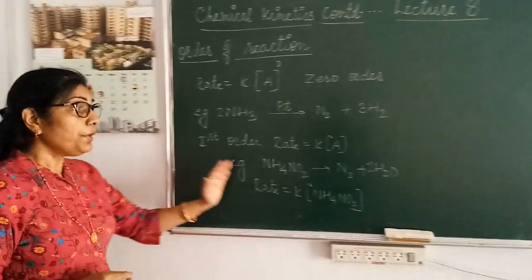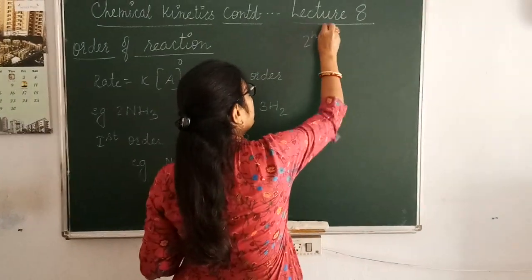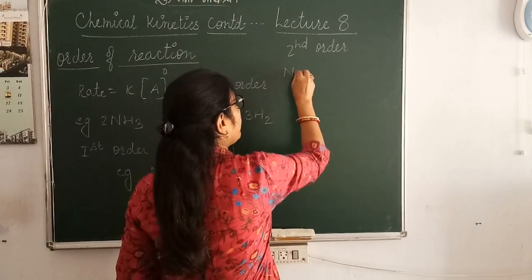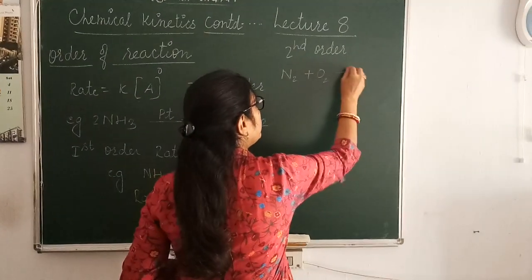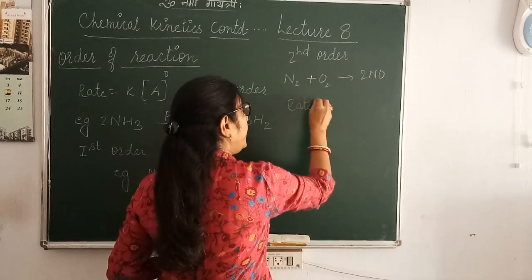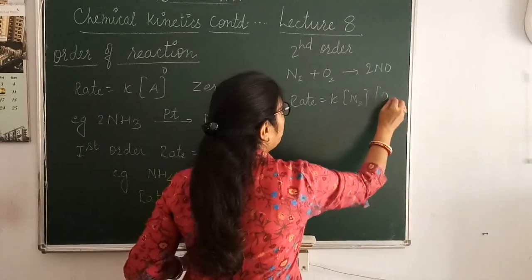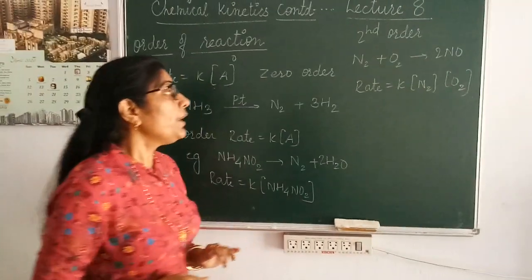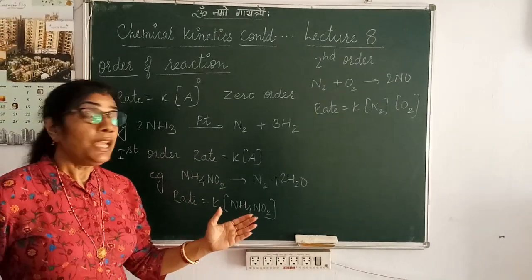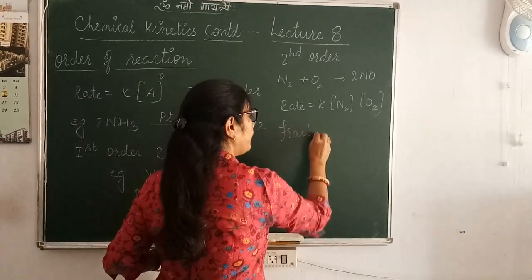This comes under first order reaction. Similarly, we can have second order reaction. In this case, rate is equal to K into concentration of N2 into O2. Now, zero order, first order, second order, reactions can be of fractional order as well.